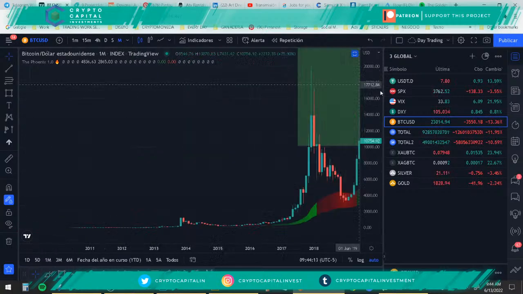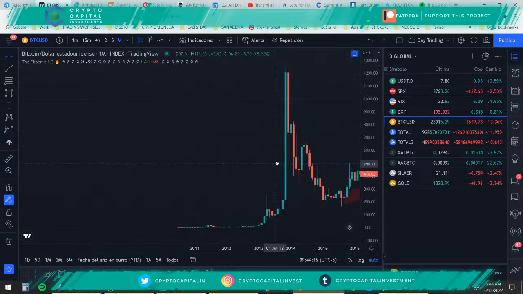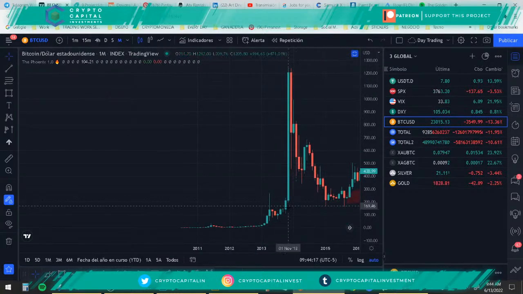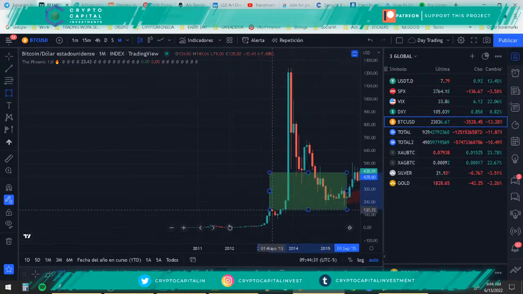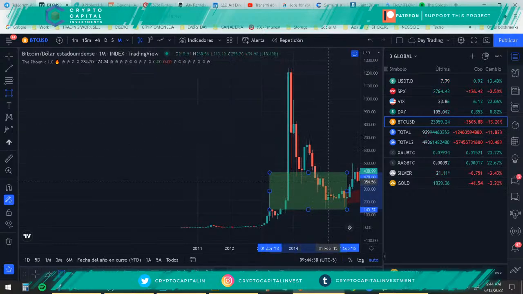Where can we go? That's the question. Let's look at it from before. So we mark a box here, it will be like this. We were here and went all the way up, one move, and all the way down, almost to the bottom of the box.